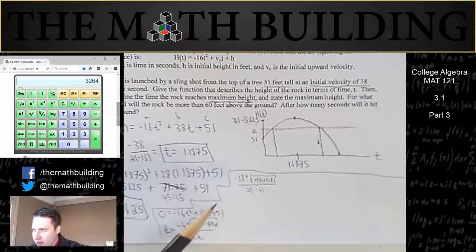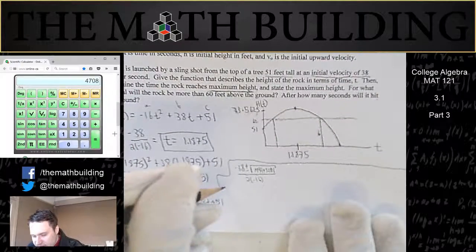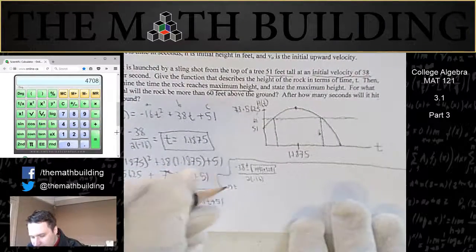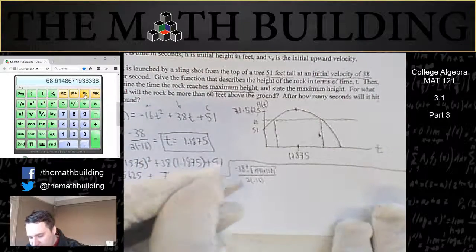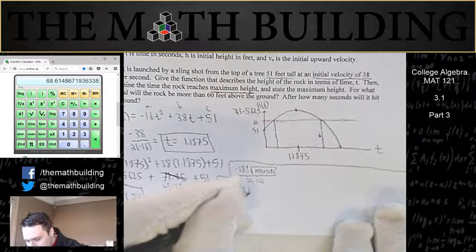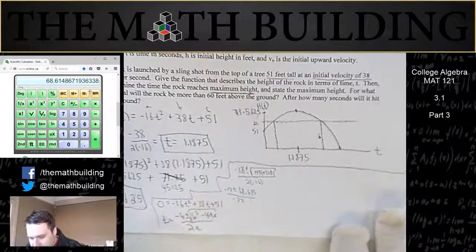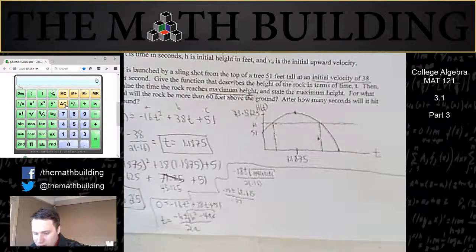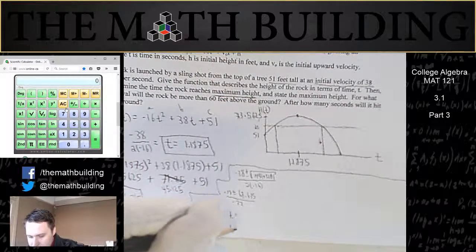So let's crunch that out really quick. 3264 plus 1444 is going to be 4708. So it's negative 38 plus or minus, and let's take the square root of that. 68.615 rounding, divided by negative 32. So we're going to get two answers, t equals and t equals.